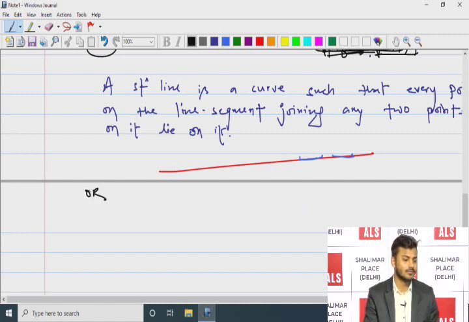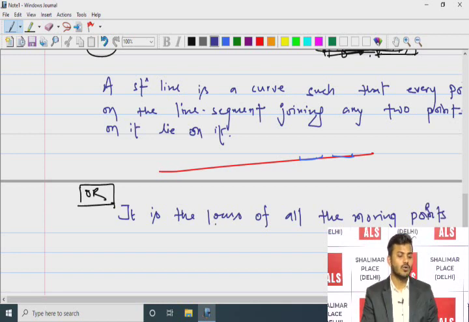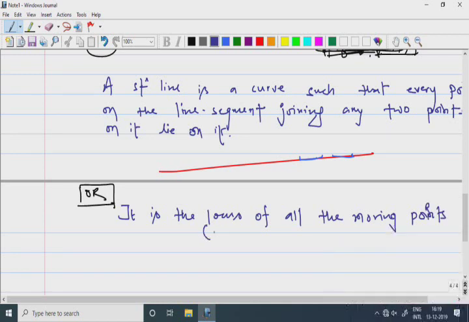Or the third definition: it is the locus of all the moving points which have the same gradient. Locus means nothing but path.